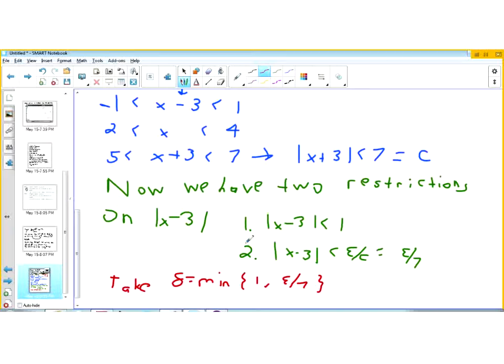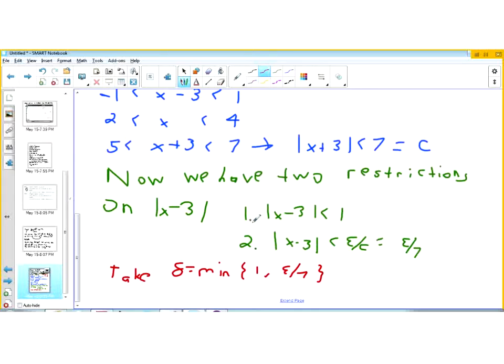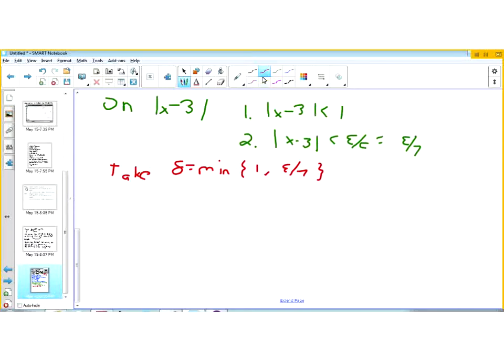Take delta equal to the minimum of those two choices, which would be 1 and epsilon over 7. So now we have found a choice for delta for any choice of epsilon. If epsilon, say, were 10, then delta would be 1. If epsilon, say, were 1, then delta would be 1/7. And you can verify that graphically. Go back and draw a graph.